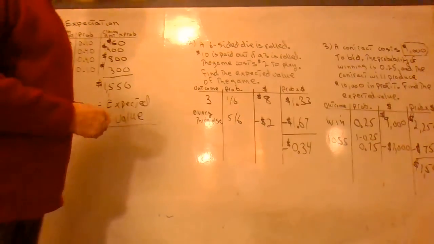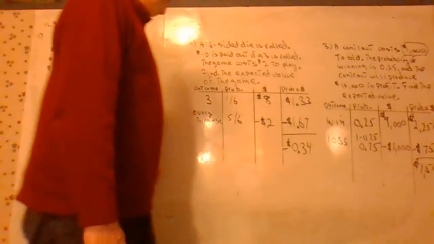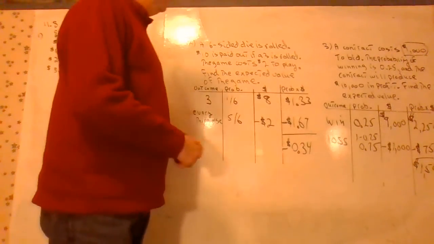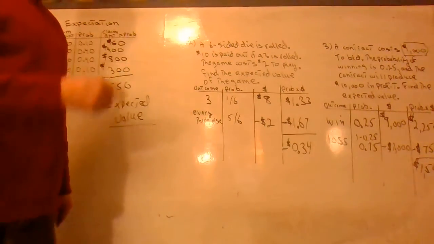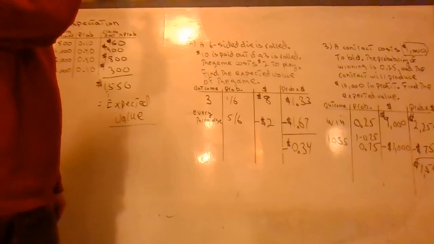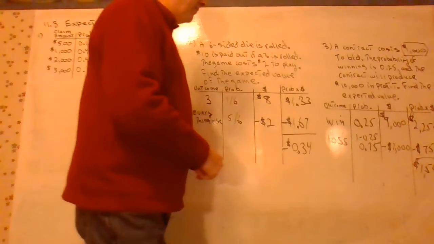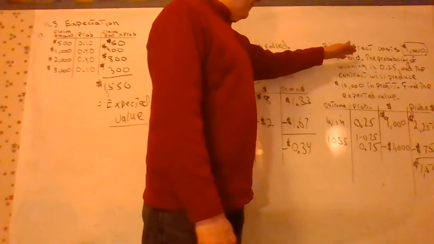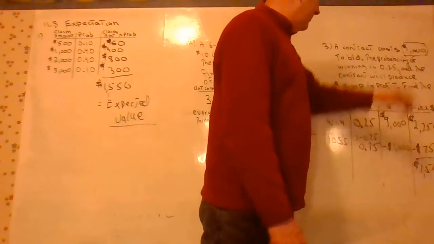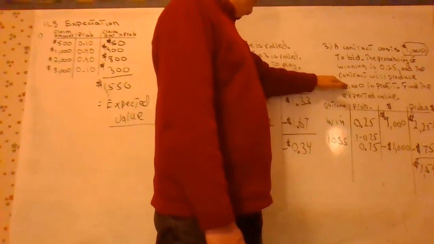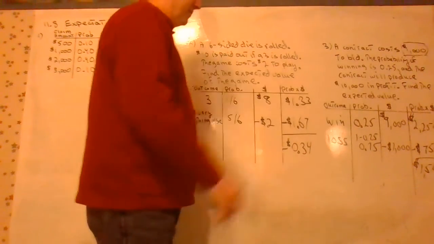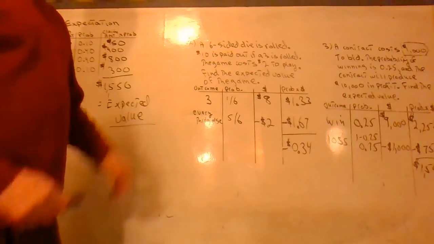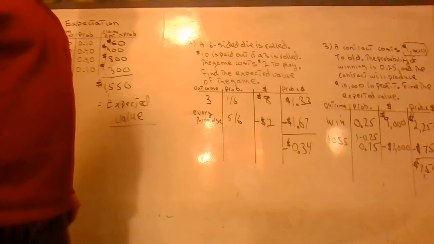So whatever business this is, this contract can be kind of a repeat type thing. We can expect on the average to earn $1,500 per occurrence on this one type of contract. Of course, 75% of the time you lose $1,000, 25% of the time you win big, you win 10,000 minus the cost of 1,000. On the average, $1,500 per contract.